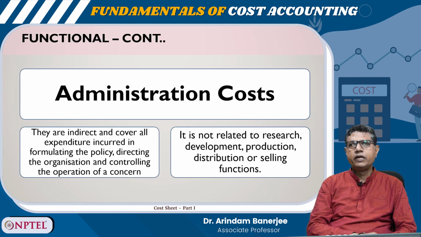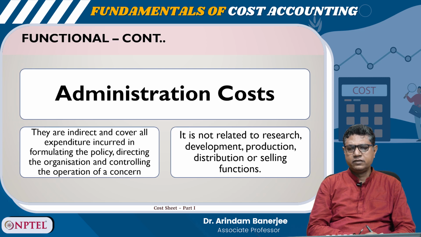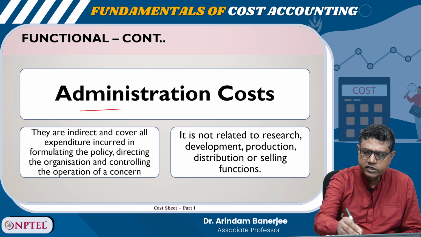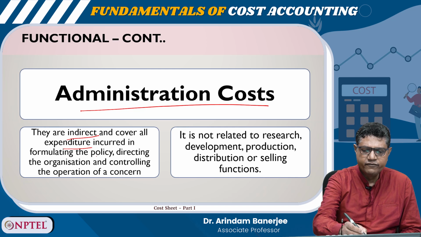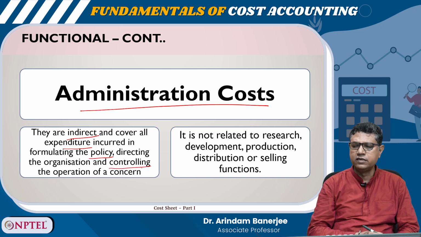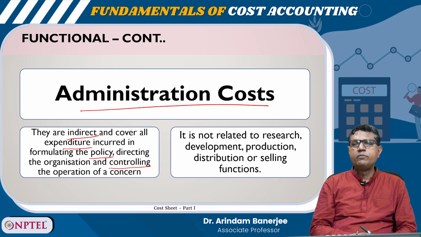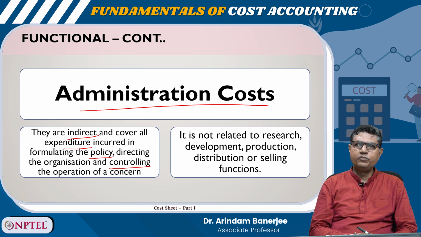Then the next function is administration. These are indirect administration costs. They are indirect and cover all expenditure incurred in formulating the policy, directing the organization and controlling the operation of a concern. Every company usually has a finance and accounts division.